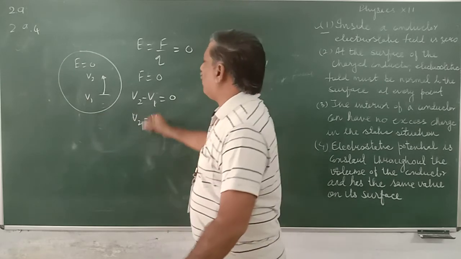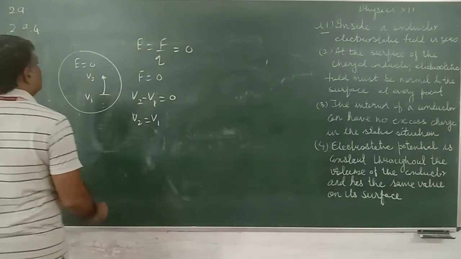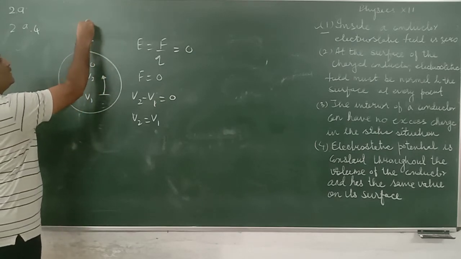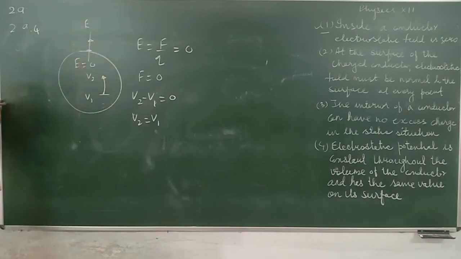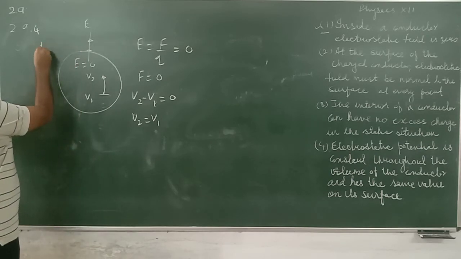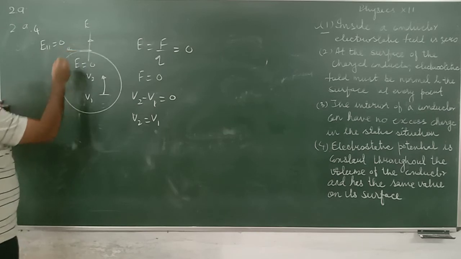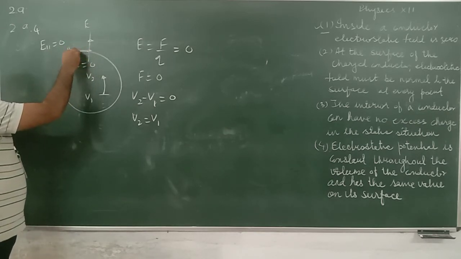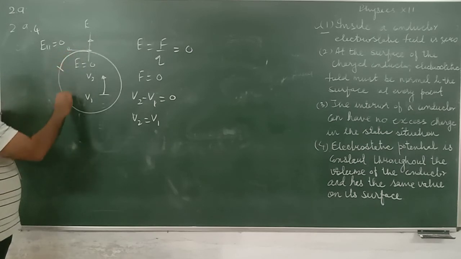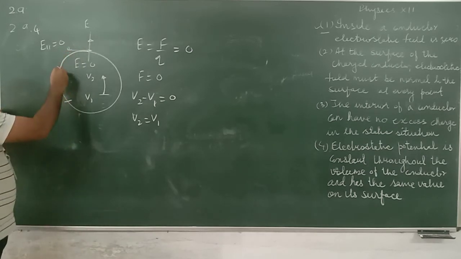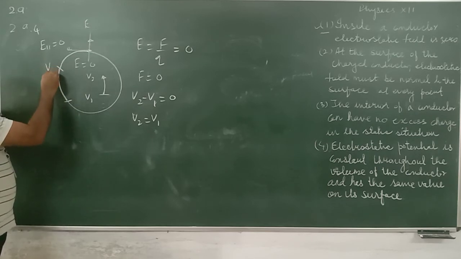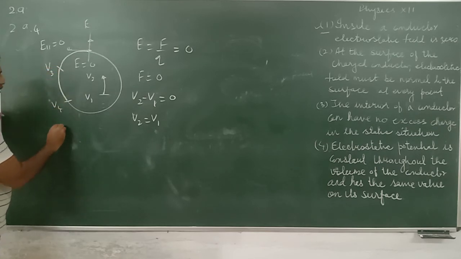Now let us discuss the surface of the conductor. We know that on the surface of the conductor, E is always normal. There is no tangential component. This tangential component is equal to 0. It means that on the surface of the conductor also, when the charge goes from this point to this point, no work is done. Again here, V3 and V4.